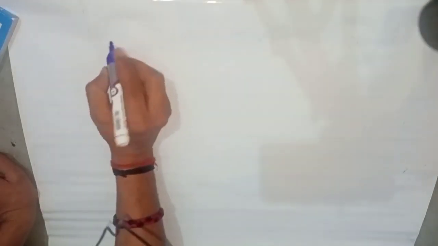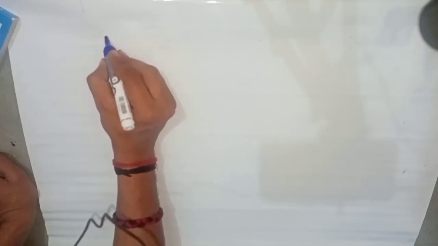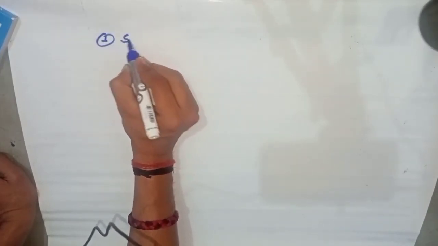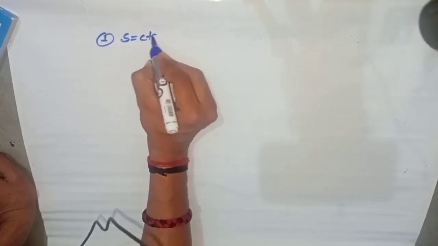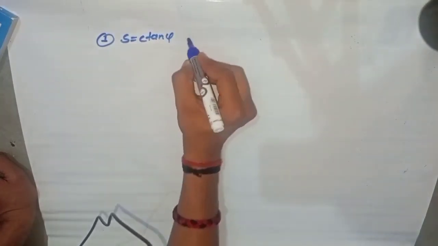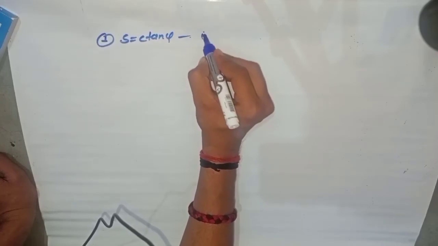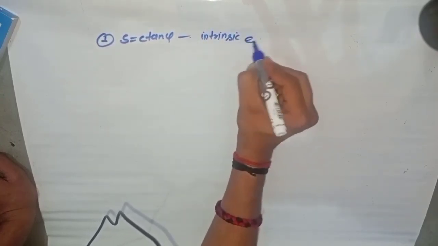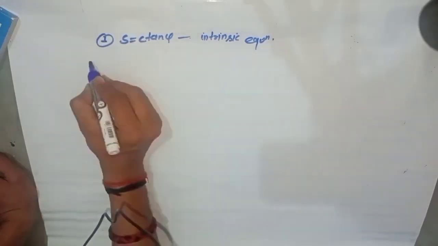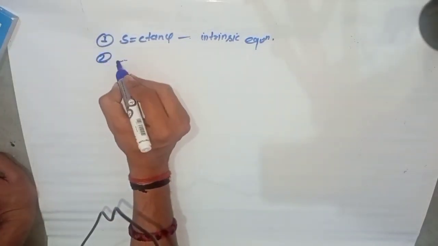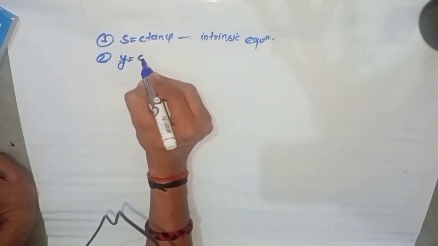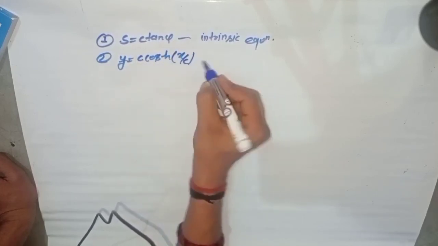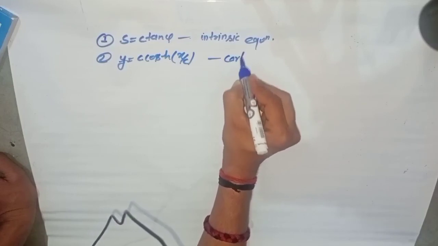Now in videos first and second we have learned and proved many relations. First is s equal to c tan psi. This is known as the intrinsic equation. Second is the Cartesian equation, that is y equal to c cos hyperbolic x by c.